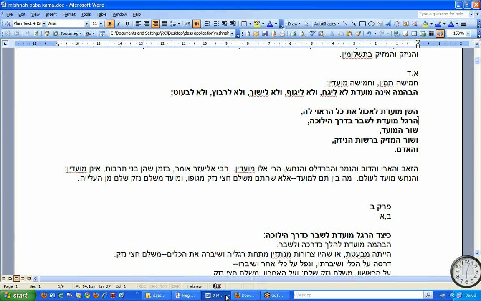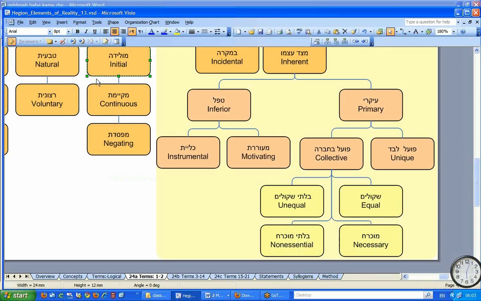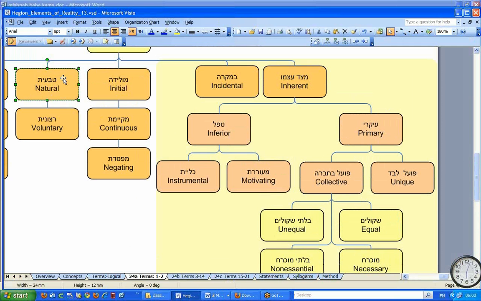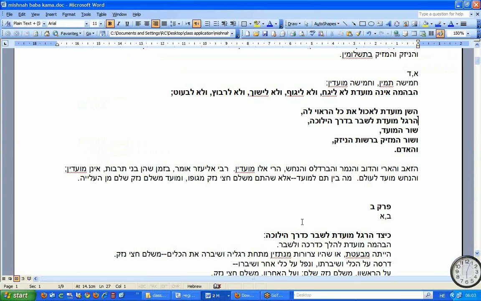If we get back to the chart over here, when its tachlis is tivis, like eating something that's ui law, that's called muad. But if it's ritzonis, like it's eating something that's not ui law, the only kavanah there was its tachlis was to do damage, right? So that's why you have to pay chetzi nezik.